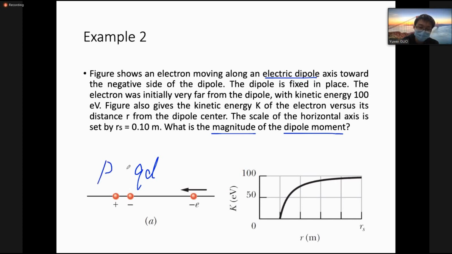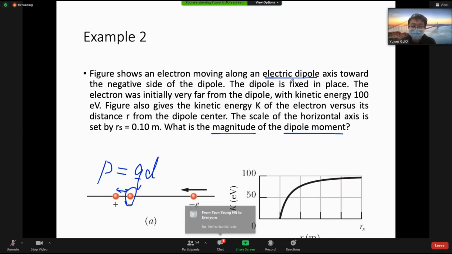The dipole moment can be expressed as Q times D, where Q is the charge of the dipole, and D is the distance between the dipole charges. There's only one scale for the horizontal axis.